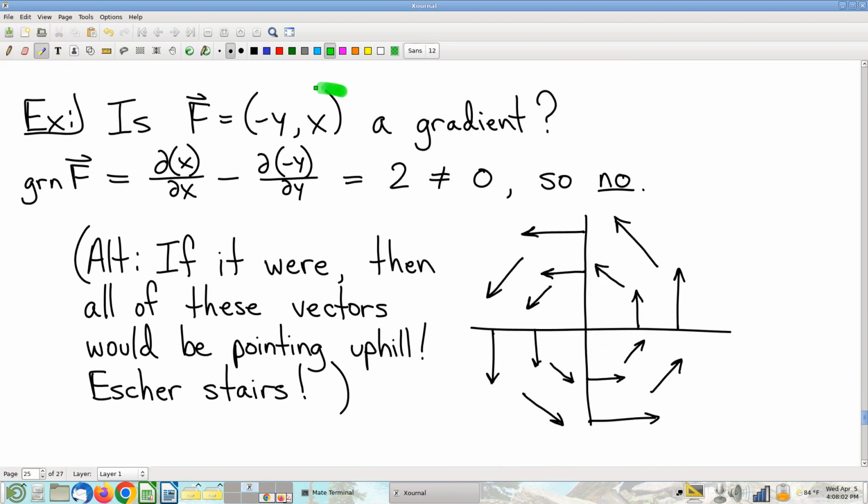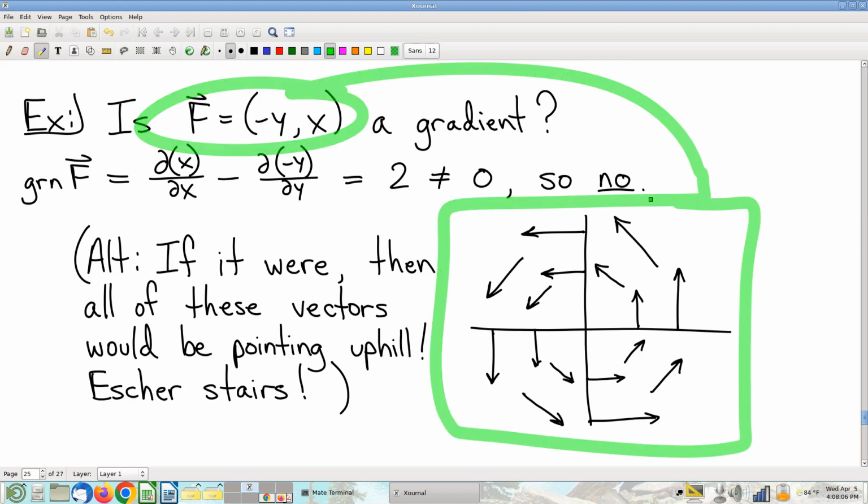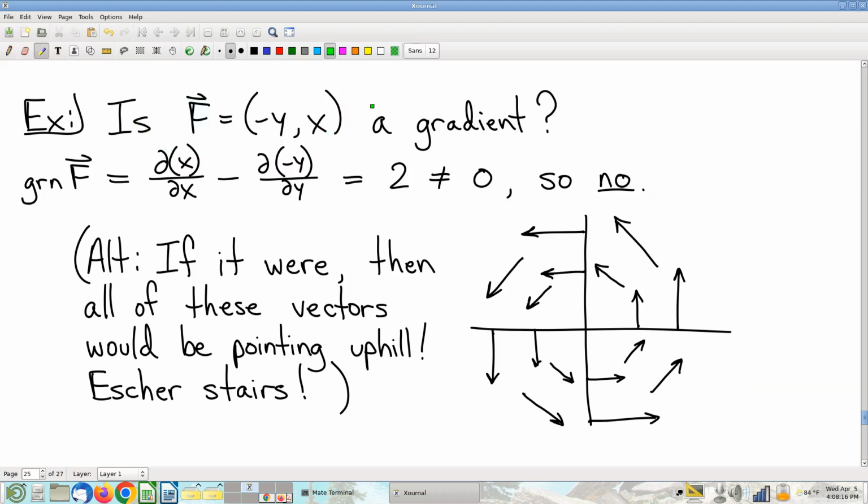We've studied this vector field previously. Looks kind of like this. It's the stirred pot, right? Back in Chapter 3, we wrote this down. Let's ask the question, is this a gradient? Okay, well, we have 1, 2 coordinates. That means this is a 2-dimensional vector field. The local test for 2-dimensional vector fields is Green's operator.